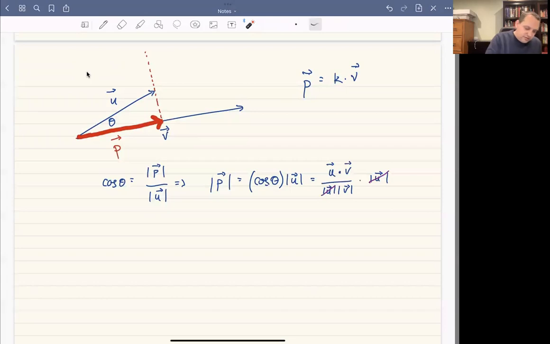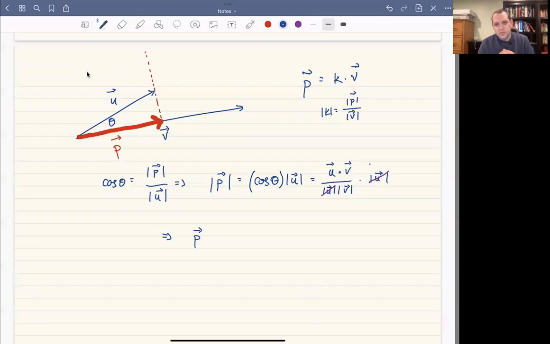And what this tells you is that once we know the length of the vector P, we can use that to find K. Just to make this completely clear, the absolute value of K is going to be the length of P divided by the length of V. Let me add the tails on the P and V just to emphasize that P and V are vectors, while K is a constant, a scalar.